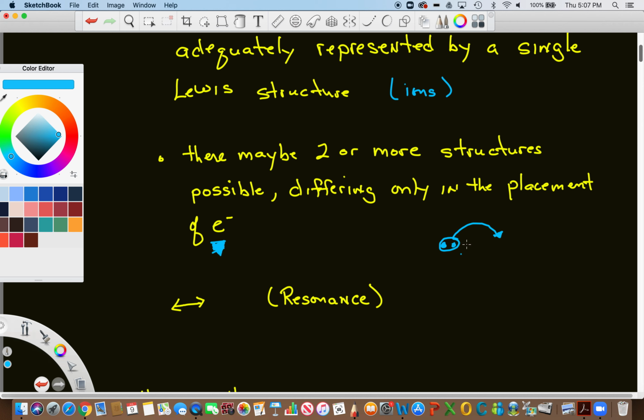There's a general rule: if I draw a double arrow, they're both going. If I draw a single arrow, only one is going. That is the common language of organic chemistry. We use the double arrow between the structures to represent resonance.